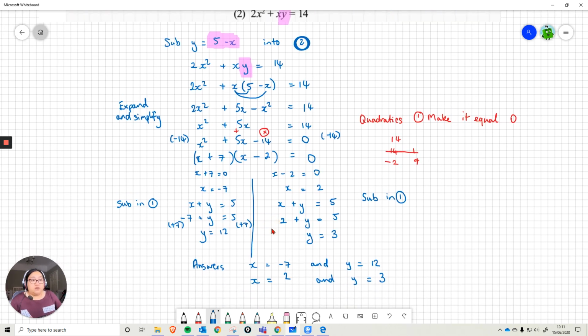It does take quite a long time, but in an exam, this question is worth a lot of marks, anything from 5 to 7 marks, depending on how complicated the equations are. So even though there's a lot of work involved and a lot of method involved, you are given the credit for that method.